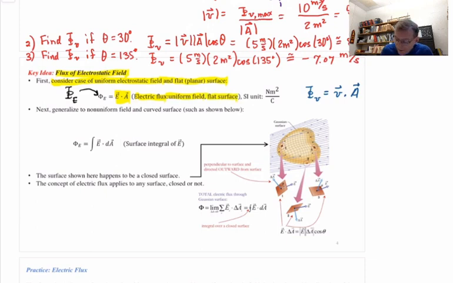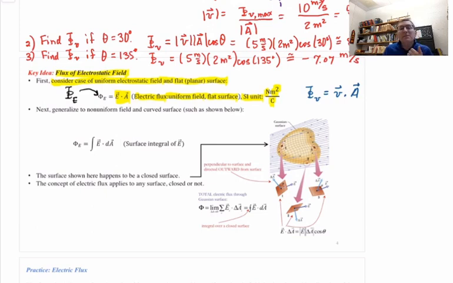What's the SI unit of electric flux? It's the unit of electric field, newton per coulomb, times the unit of area, meter squared. So newton times meter squared per coulomb. All right, now, that's all fine, but I'm limited with that to two special restrictions.